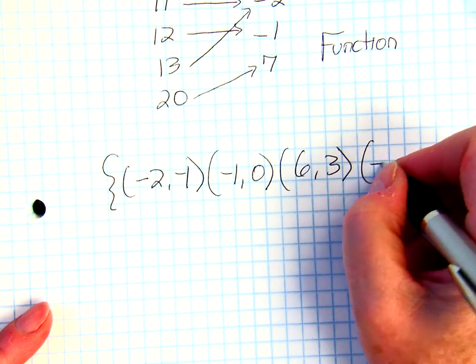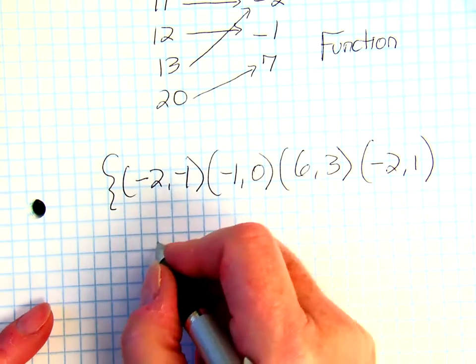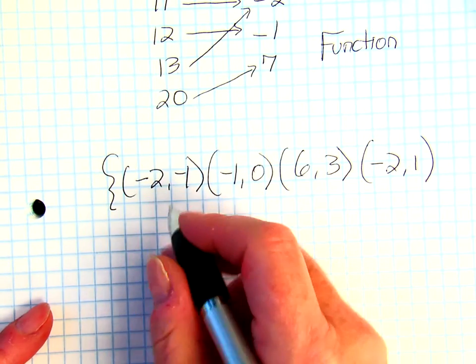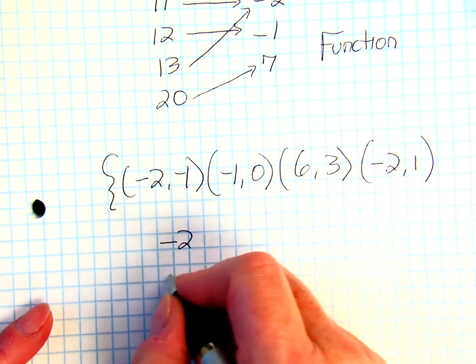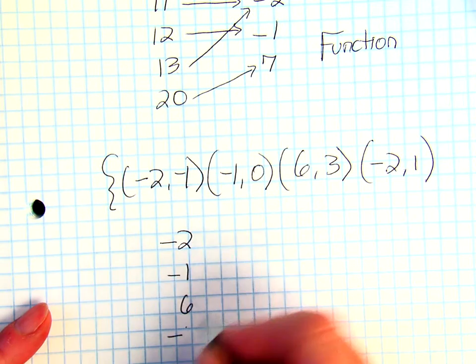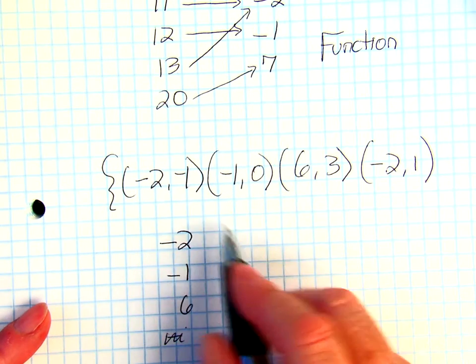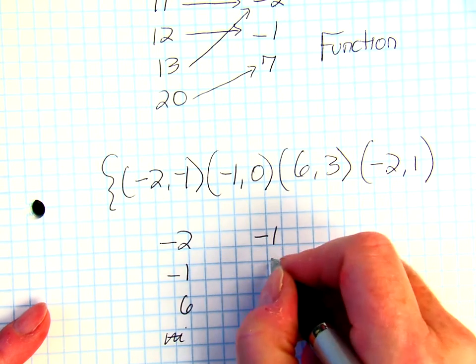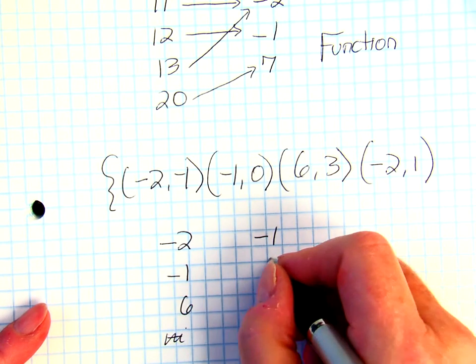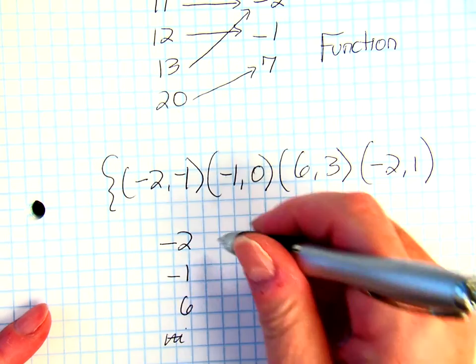And we have -2 and 1. When I set up my domain and my range, I have -2, -1, 6, and -2. We're not going to write the -2 again because I've already got that. And then for the range I have -1, 0, 3, and 1.